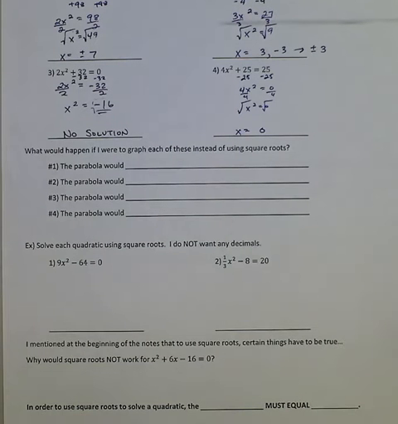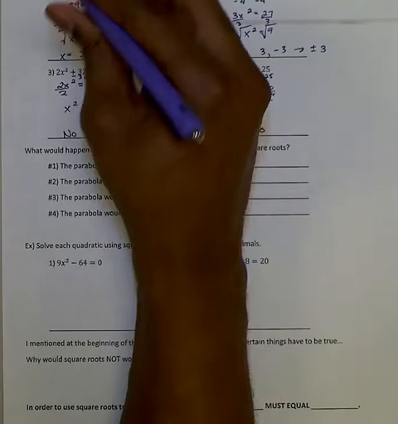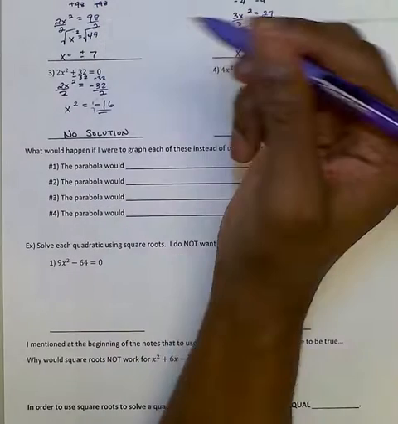What would happen if I were to graph each of these instead of using square roots? The parabolas all have positive a, so they all open up.